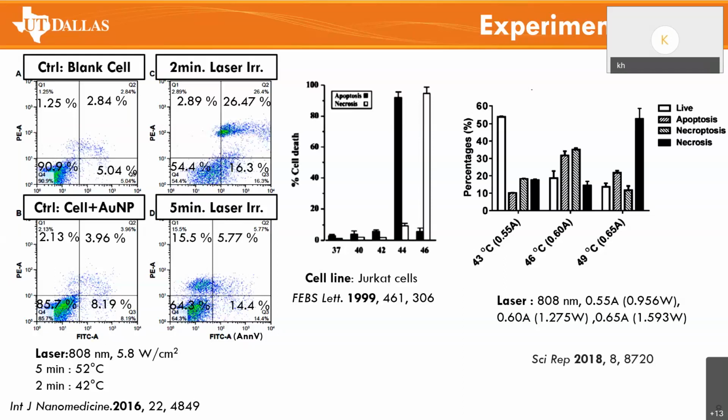So this data suggests that under different experimental conditions, the cell death pathway can change. The mechanism of cell death is very dependent on the intensity of radiation, the manner of heating, I mean slow or fast, and the duration of the heat shock, because all of these can influence the temperature of the solution after radiation.